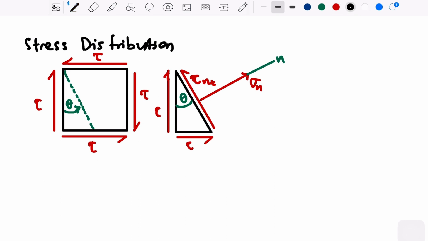When we have the sigma, this is Fr, and we say the positive is the one going there.